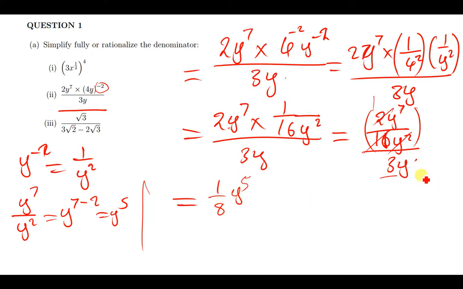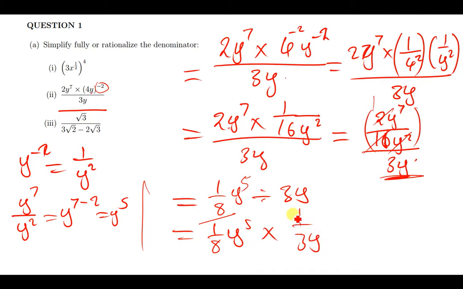Then we're dividing this by 3y. So what we can do is, let me just say divide by 3y. If we do that, this is just the same as 1 over 8 y to the power 5, and then times 1 over 3y. So 1y there can go, and then even 1y there will go.